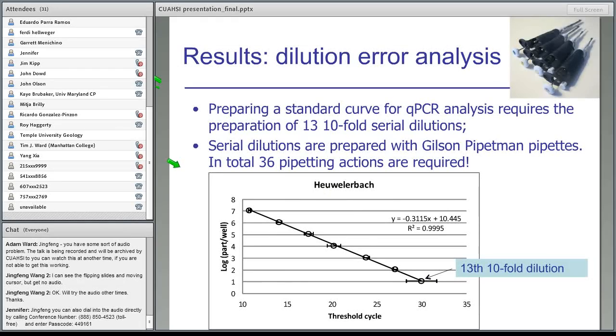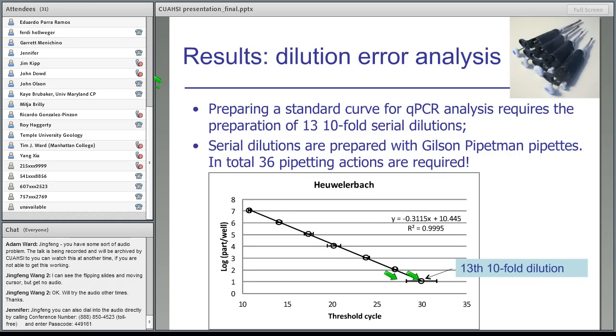First of all, something on the dilution error analysis. Now, when you prepare a standard curve for qPCR, it is essentially the preparation of 13 tenfold serial dilutions.